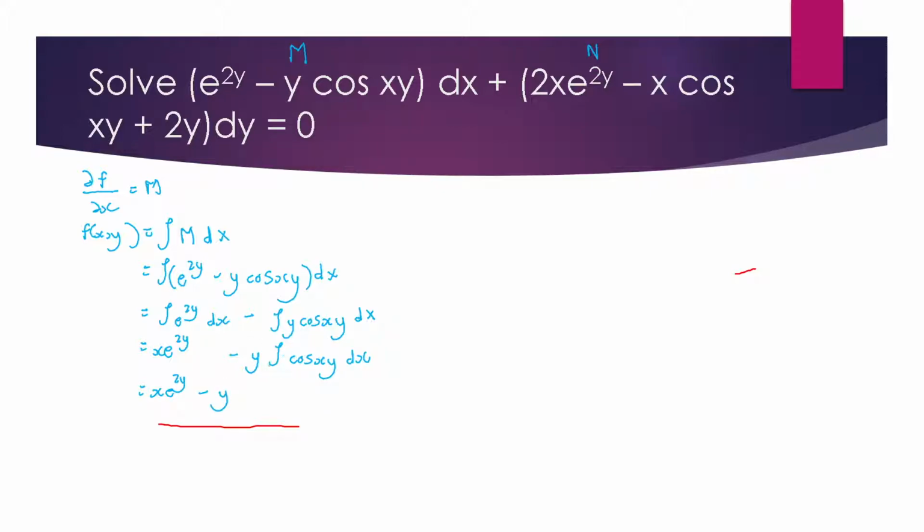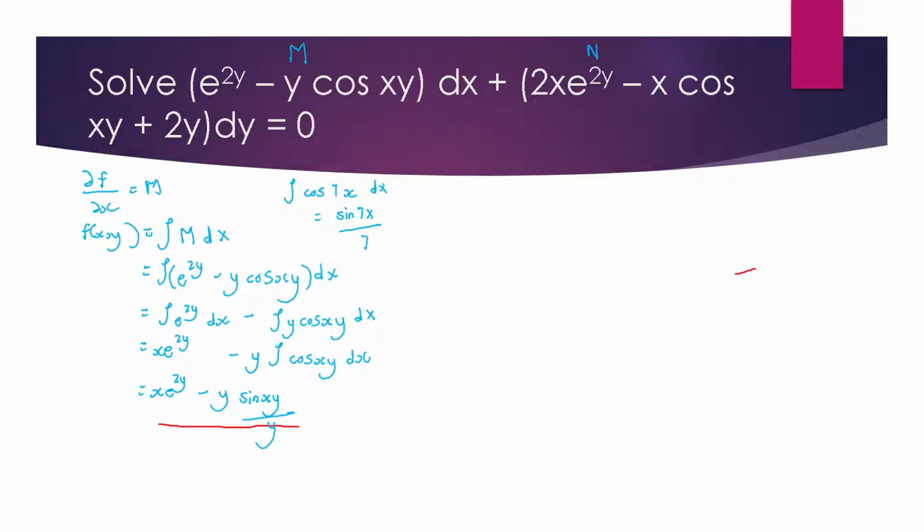For integration, the integral of cos is positive sin. So you have sin(xy), where you integrate with respect to x, y is constant, so divide by y. Like when you integrate cos 7x dx, the result is sin 7x divided by 7.